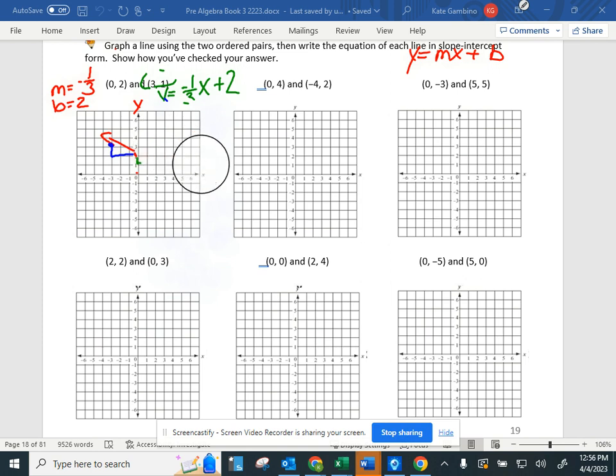What I want to see you writing, let me just see what I said. I want to see you writing what the slope is. I want to see what that y-intercept is. I want to see our graph. And I want to see the slope-intercept form.